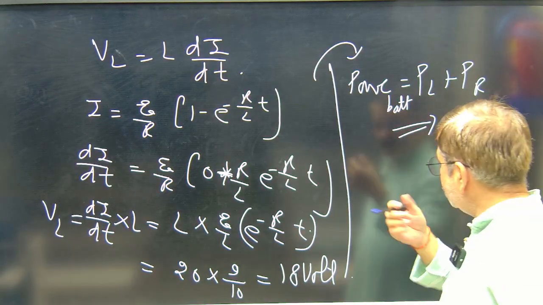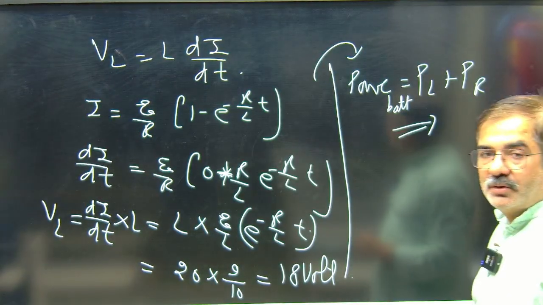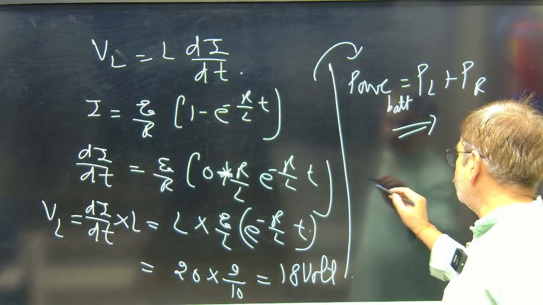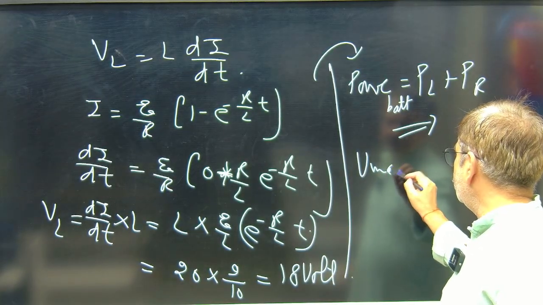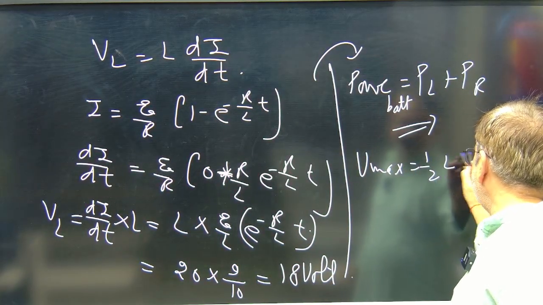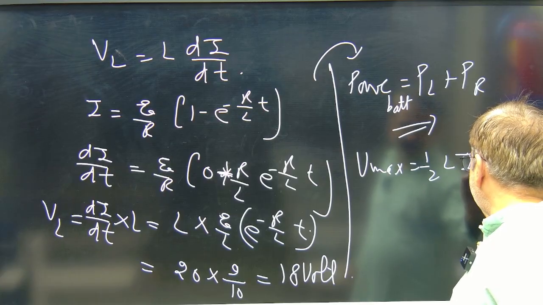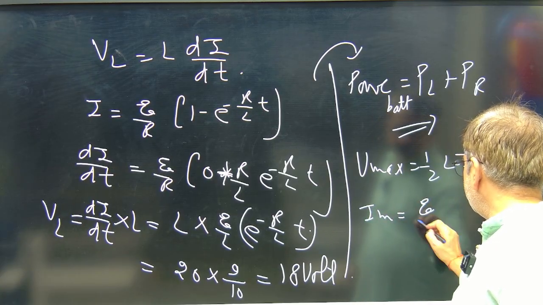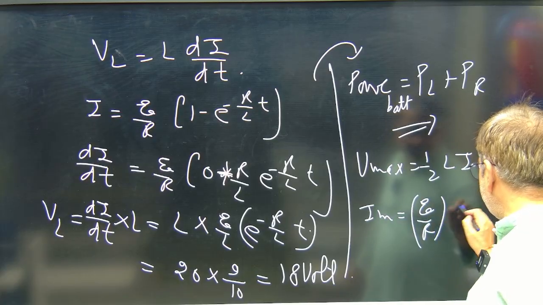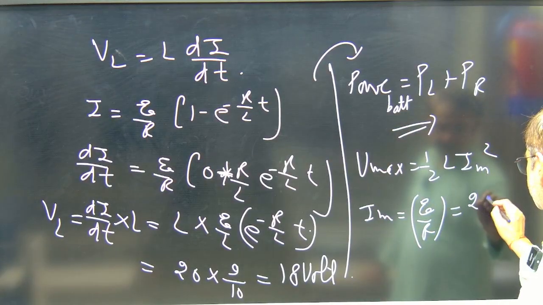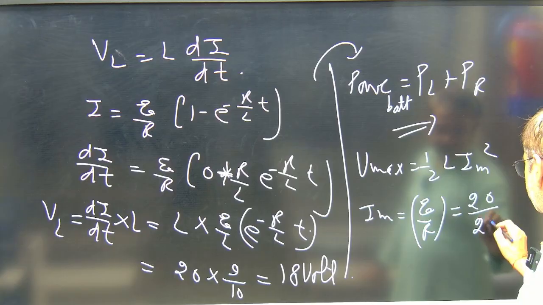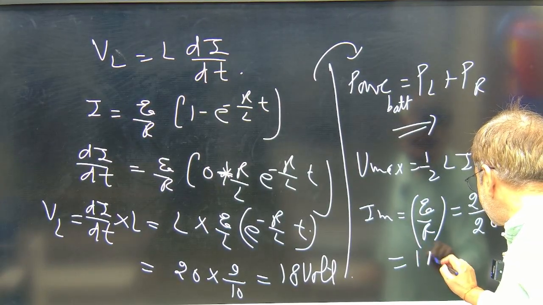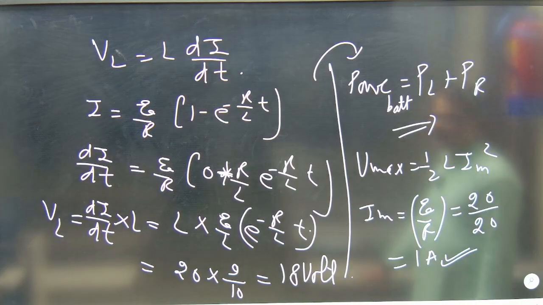Another thing is the energy stored on the inductor. The maximum energy stored will be U max, which is half L I square. And this maximum current, we know what it will be, E by R. If I put the values, E is 20 and R was also 20, so what is this current value? 1 ampere. 1 ampere is the maximum current that is flowing.